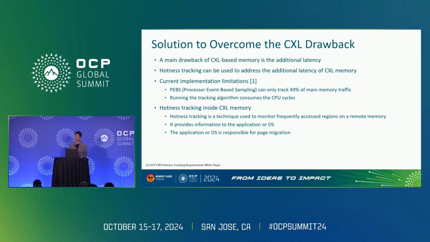Depending on the workload pattern, we believe that this approach has the potential to enhance system performance by effectively hiding the latency related to the CXL memory.